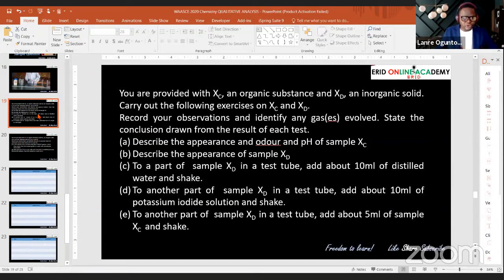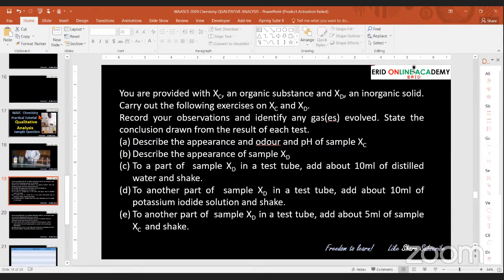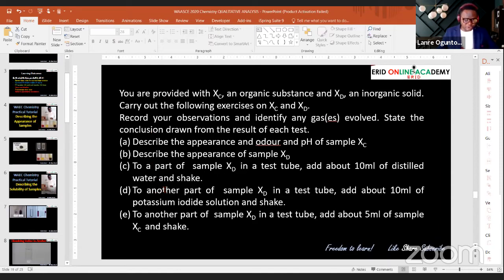The first thing you need to do is check your table properly, whether you have all the materials that you need for your test. This is a sample question. They told you that you are provided with XC, an organic substance, and XD, an inorganic solid. Carry out the following exercises on XC and XD, record your observations, and identify any gases involved. State the conclusion drawn from the result of each test.